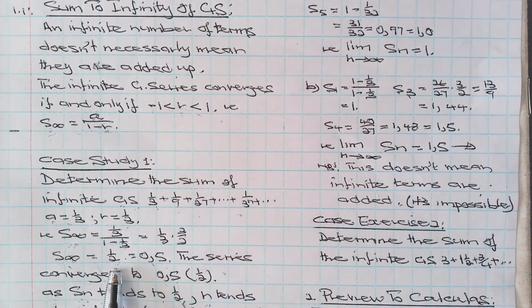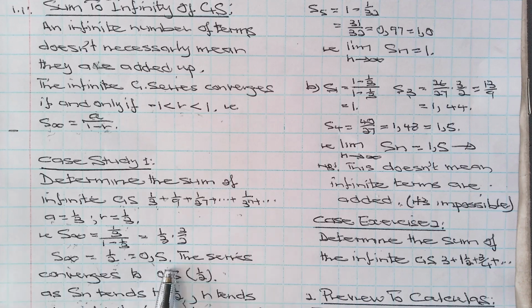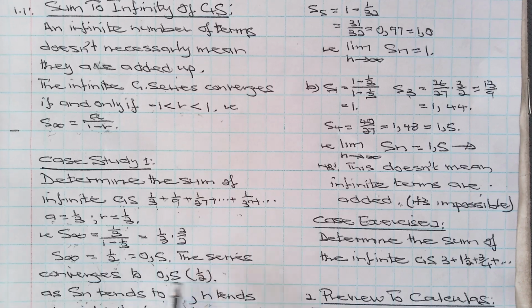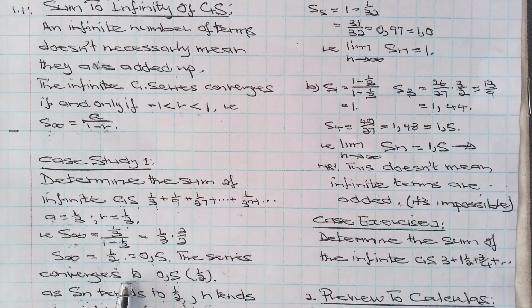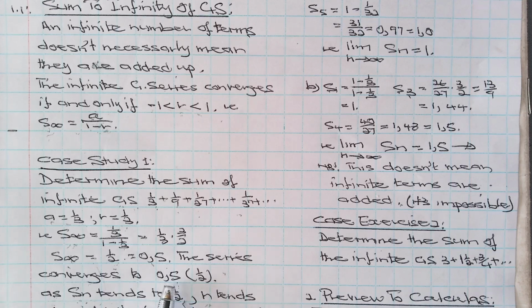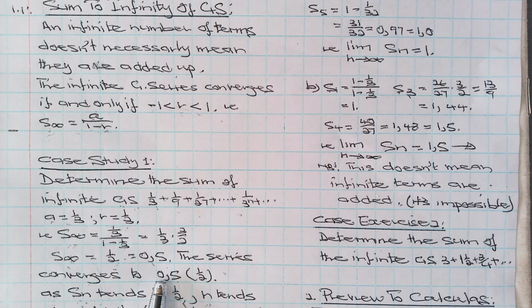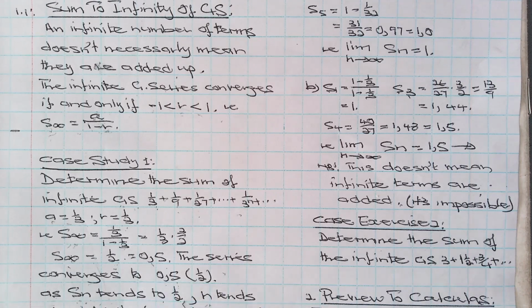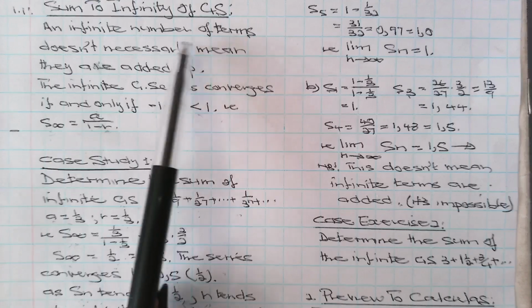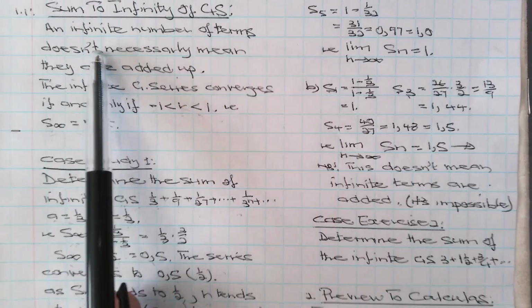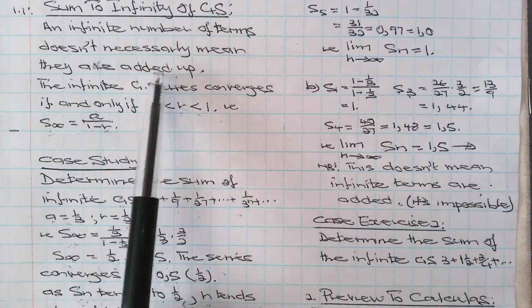Half means 0,5. Therefore, this series converges to 0,5. It doesn't mean it is equal to 0,5. It converges. Remember, an infinite number of terms doesn't necessarily mean they are added up.